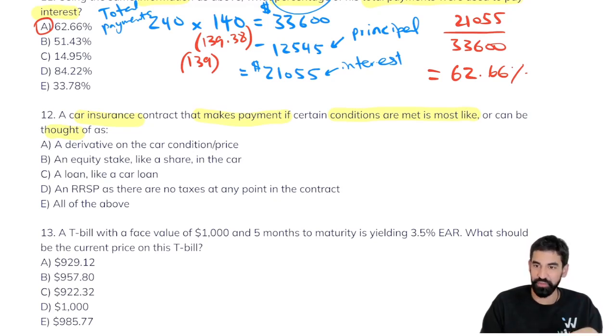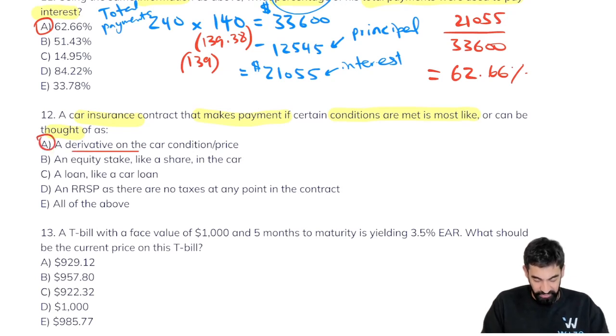If it doesn't get dented, then they're going to give you a certain payment for the car at the end of whatever it is, at the end of 5 years, whenever your lease is up. So it's on the condition that you keep it in proper shape. Or like if you get into an accident that wasn't your fault, that could be a condition. And that is similar to a derivative, which is A, on the car condition.